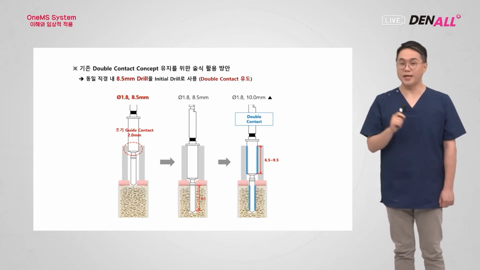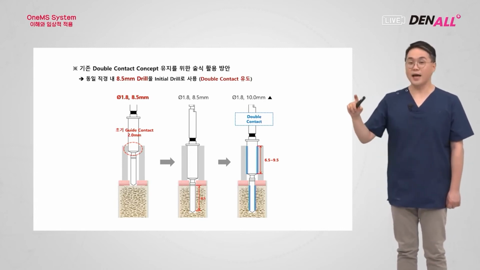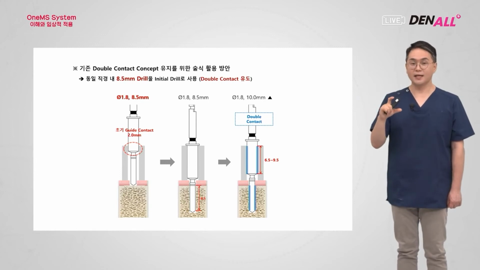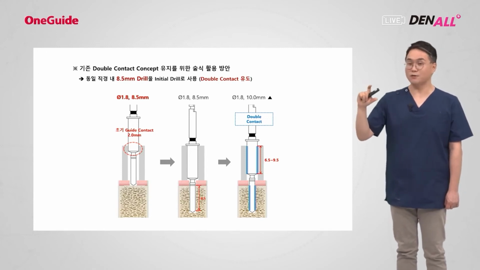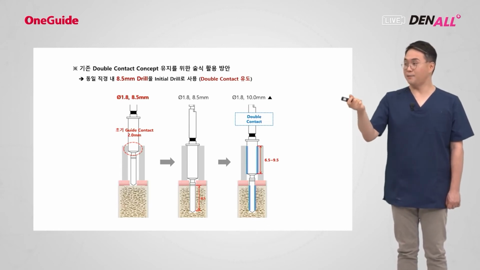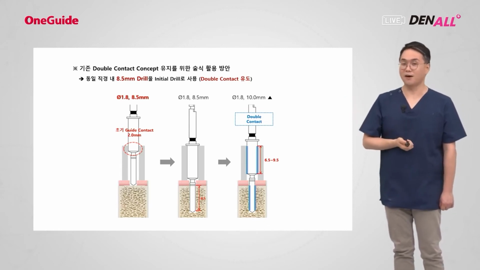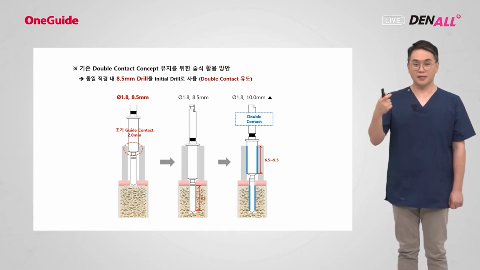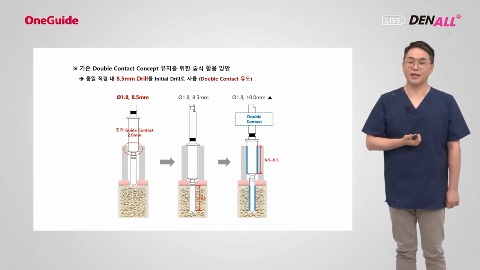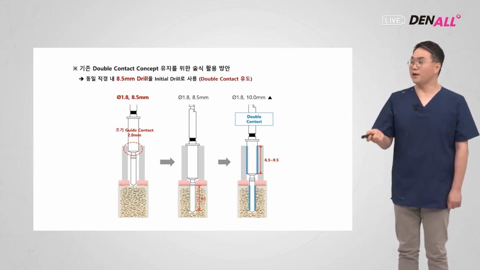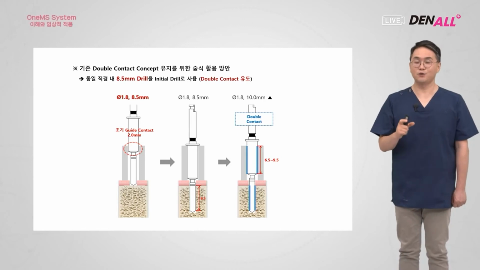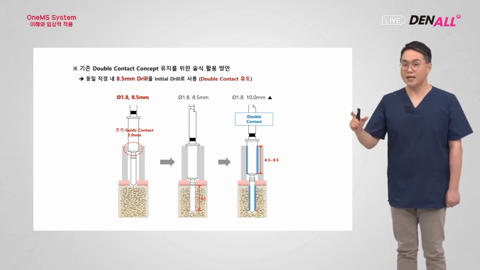If you start with the long drill, the guide hole's length and the drill length may not match; if the drill is longer, the guide hole or guide barrel's initial contact would not be possible, so the guide hole cannot guide the drill. In other words, in the same diameter, use 8.5 as the initial drill, then extend the length.